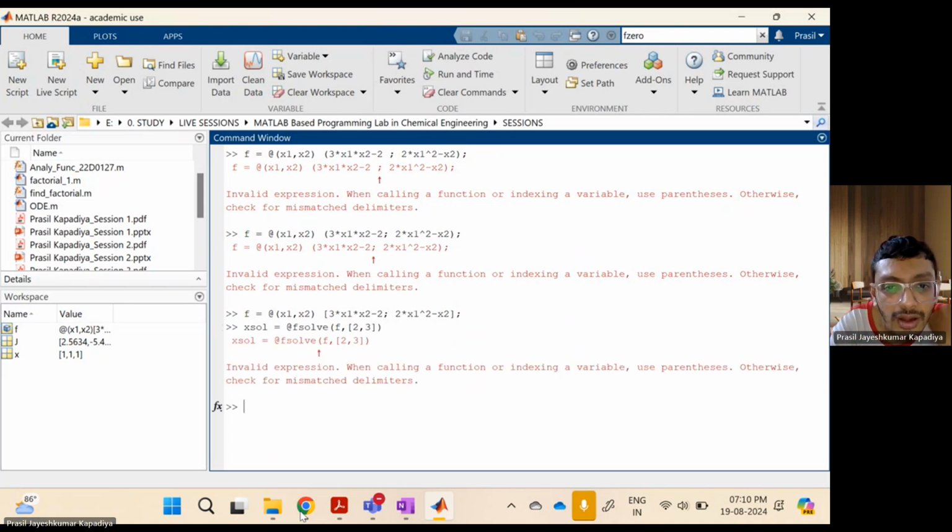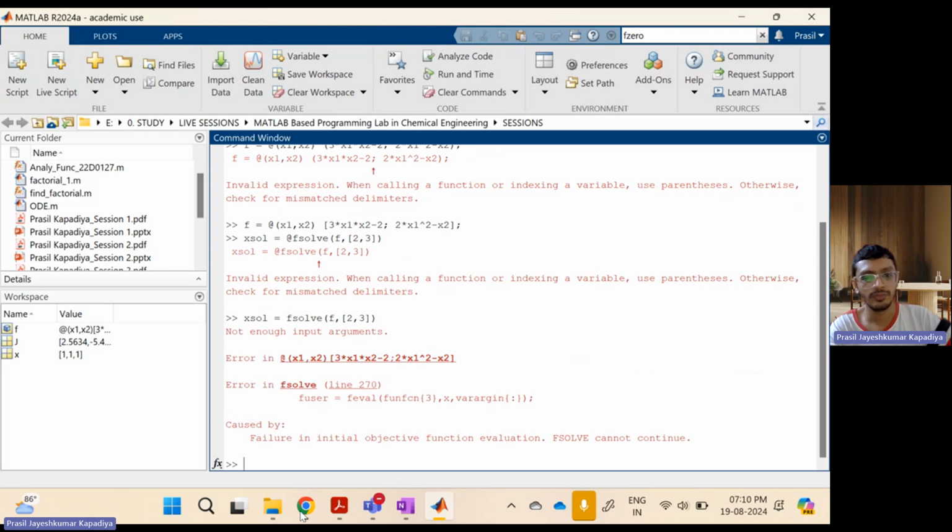Let's see. Again it's showing an invalid expression. Okay, there is no at the rate in fsolve. What it is showing is not enough arguments.